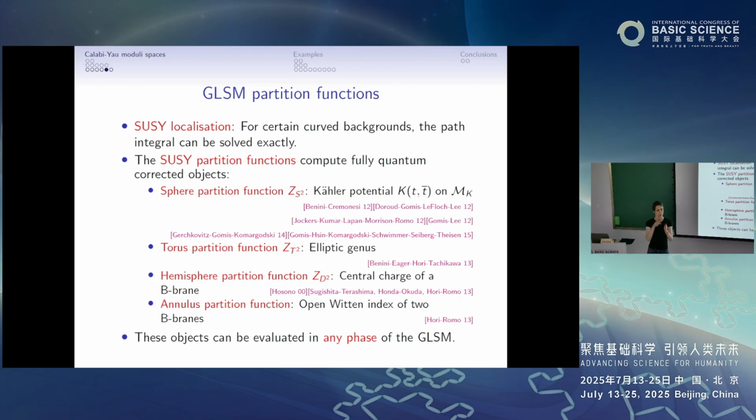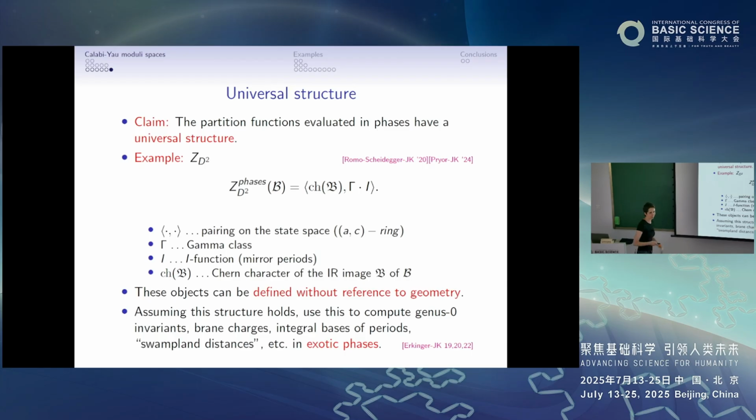And that sort of accesses different regions in the moduli space by basically choosing which poles contribute to these complex integrals. And so these objects, in principle, can be evaluated in any phase of the GLSM, irrespective of whether we really know what the right low-energy effective description is. And that can be very useful, and that's another notion of the universal structure.